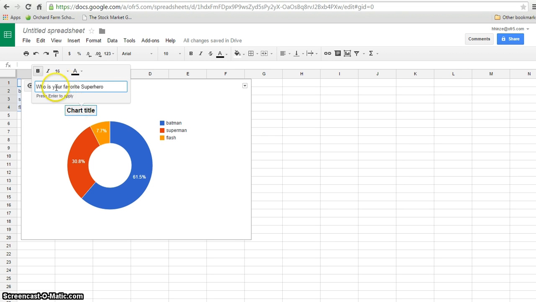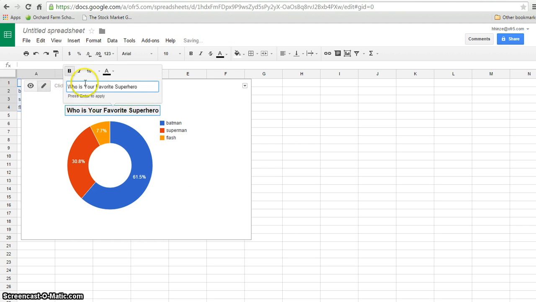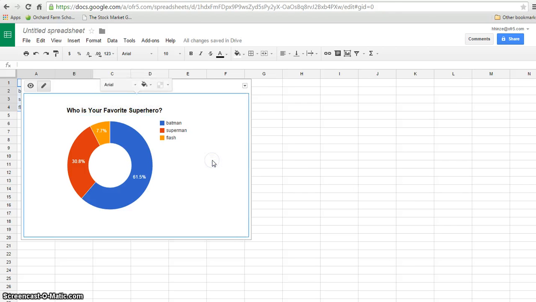And really, if I'm doing things properly, it's a title, so I would make sure that I capitalize it as if it's a title. So press enter to apply. Each time you do something, it doesn't automatically apply, you have to actually hit enter to apply it, okay? So now that part's done.